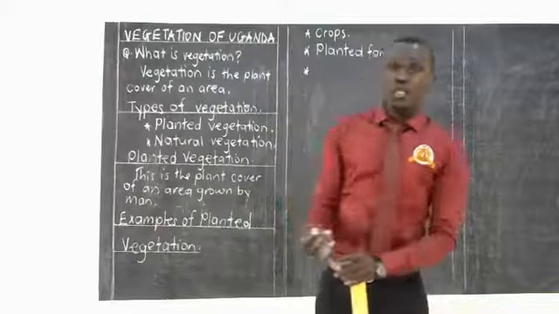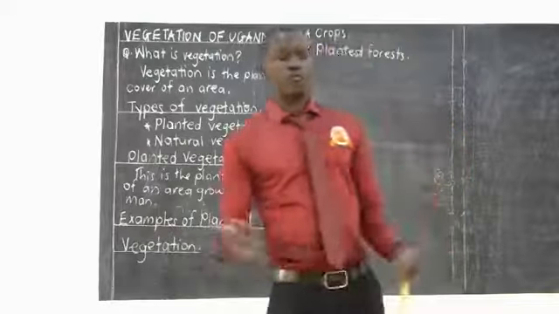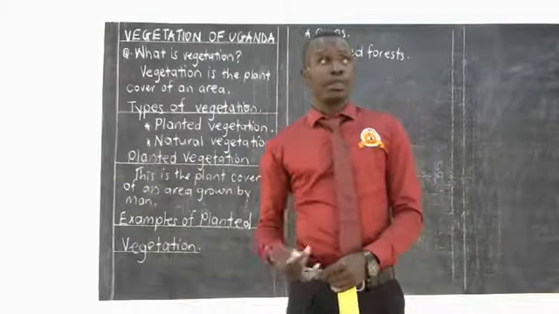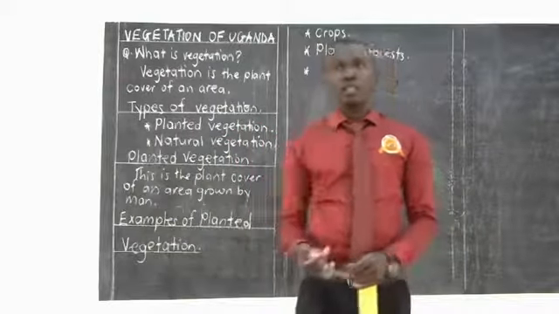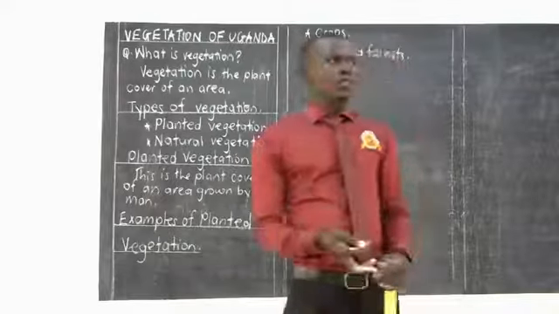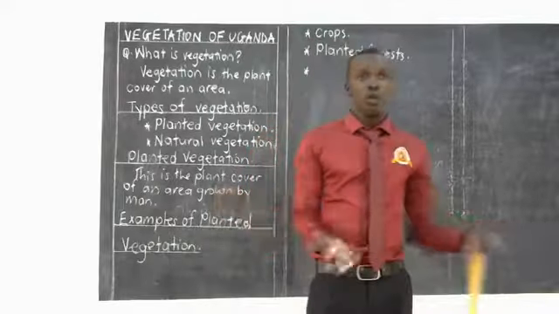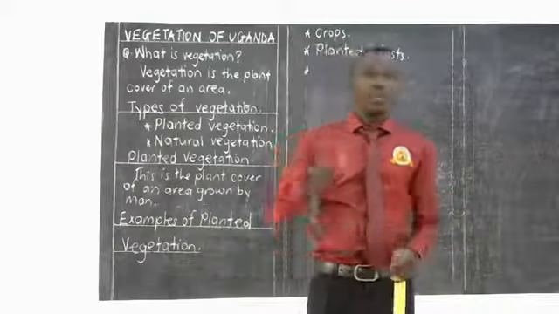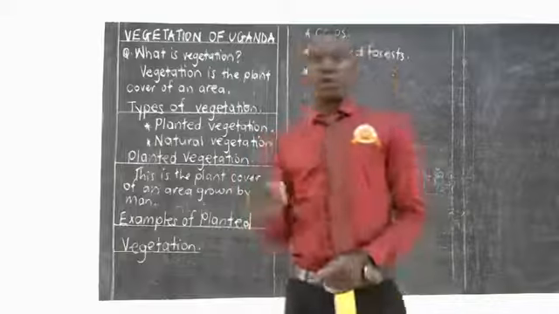One of the reasons for planting grass on the compound is to control soil erosion. People also plant grass to beautify the compound, to make it beautiful.